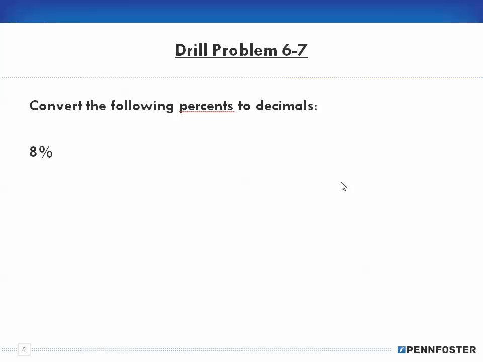When I'm going from percents to decimals, I'm doing just the opposite. I'm dividing by 100. So if I have 8%, and I divide it by 100, here's my decimal place, and I have to add in 2 places because I'm talking about hundredths here.